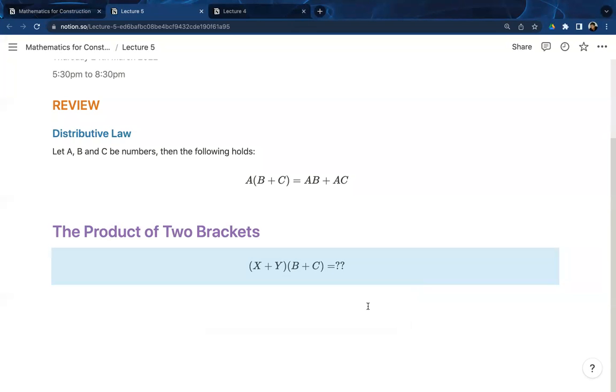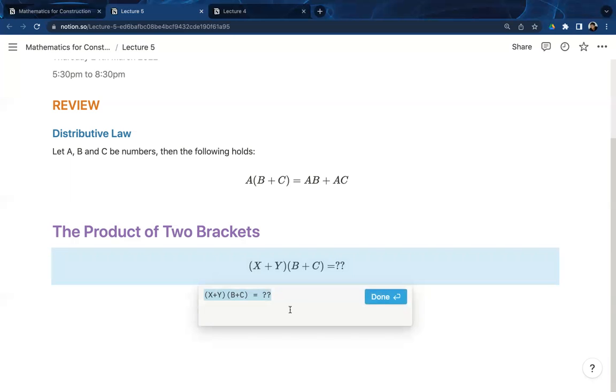What I could do is think of the x plus y as a. And this formula up here, it really is a formula, says multiplication distributes over addition. So instead of first adding b plus c and then multiplying by a, we multiply a by b and then we multiply a by c and we add them.